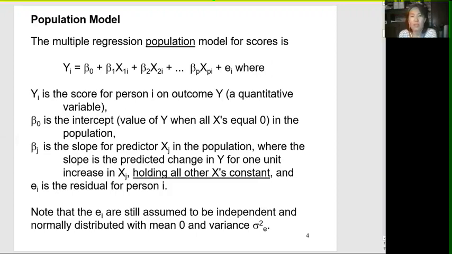Note that the errors are still assumed to be independent and normally distributed with mean 0 and variance sigma squared. So this is the IID assumption. IID means independent, identically normally distributed, with mean 0 and equal variance, sigma squared.